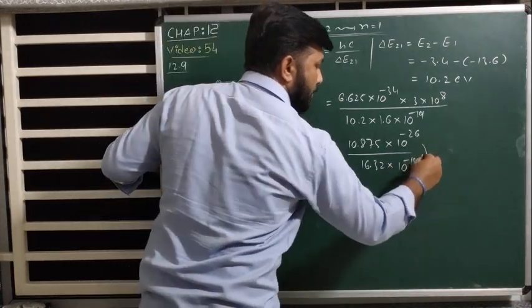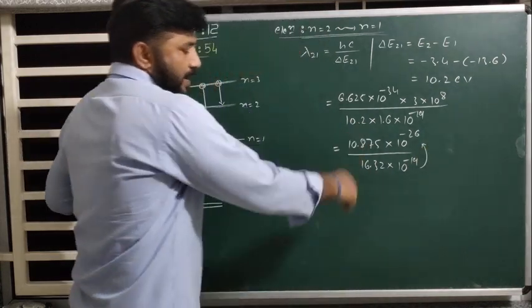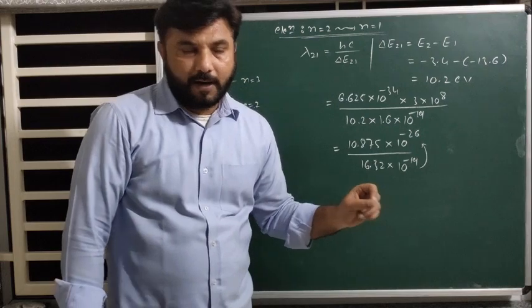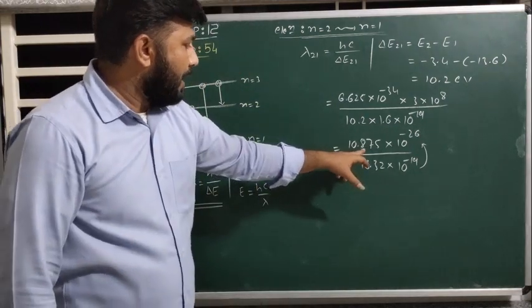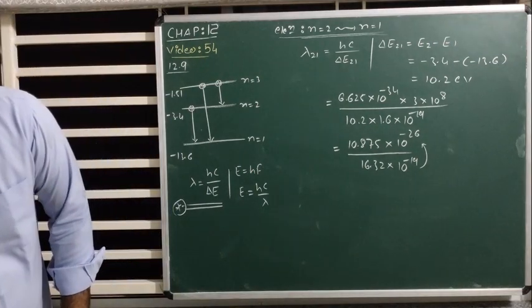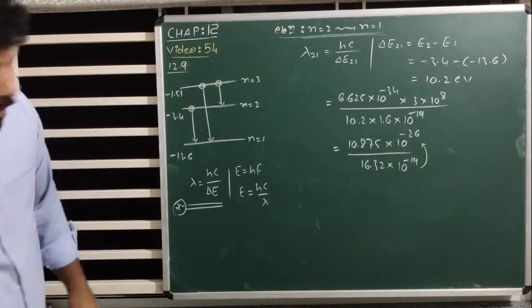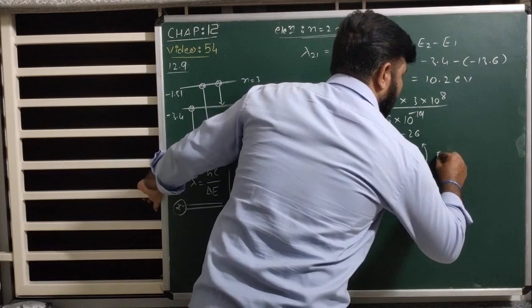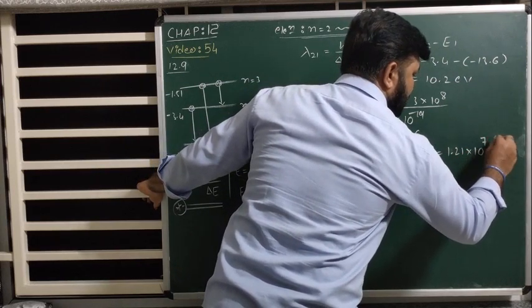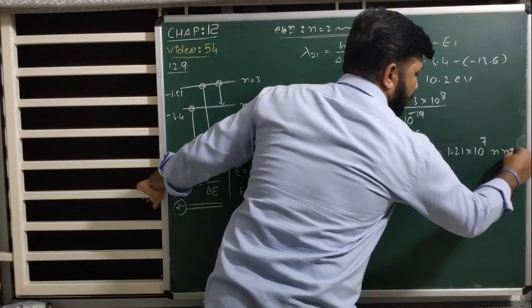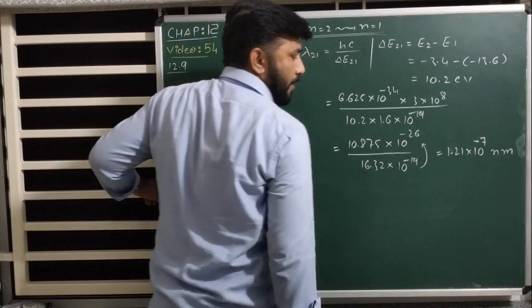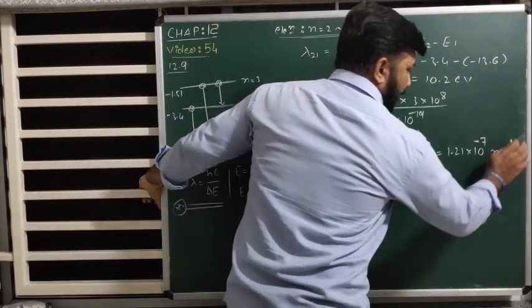Take this up: minus 26 plus 19, so it is minus 7. 10.875 divided by 16.32, we will get 1.21 multiplied by 10 raised to minus 7.